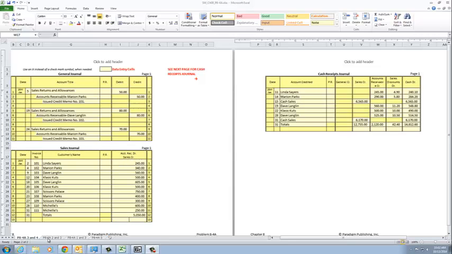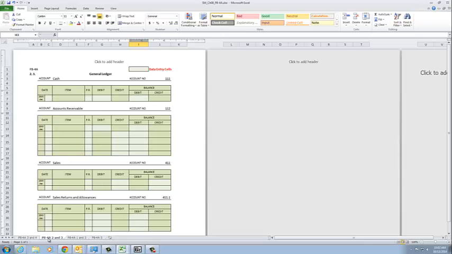If we go over to our general ledger, let's first do accounts receivable. We always post our special journals' totals at the end of the period, so this will be the 31st. This comes from sales journal page 1.